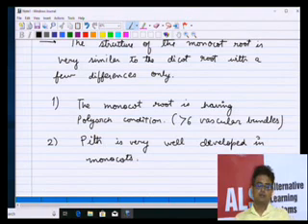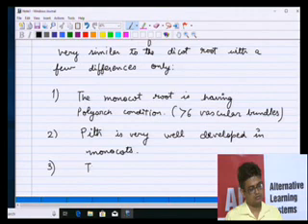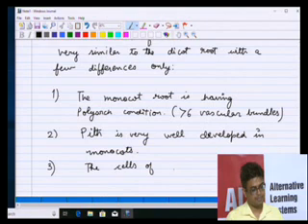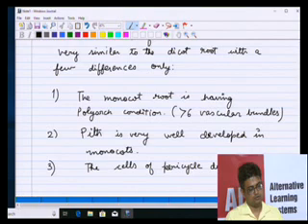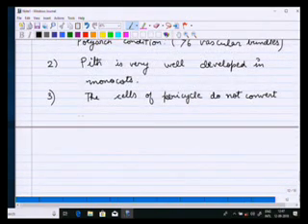The third difference that is present is with respect to the cells of pericycle. The cells of pericycle never undergo secondary growth. Third difference, major difference: the cells of pericycle do not convert into cambium.